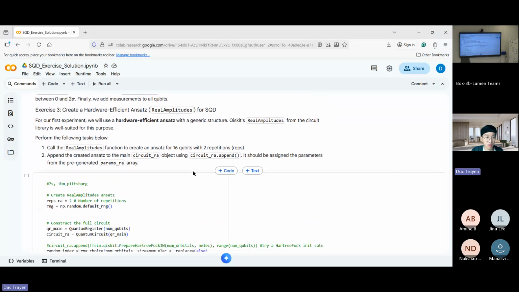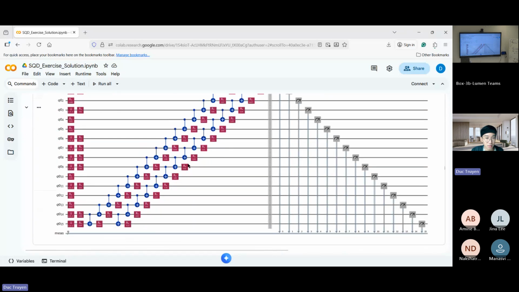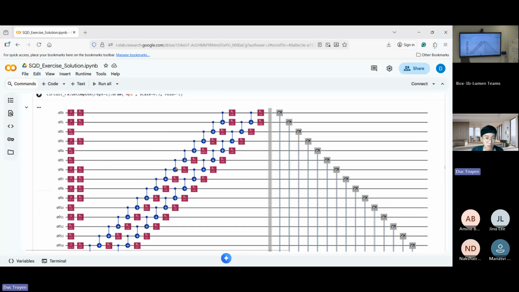It's hardware efficient because it uses very few, non-cross, local quantum gates, like one or two qubit gates, and it is resilient to noise, reducing the noise effect in our ansatz. Basically you just use some rotational gates and some CNOT gates.